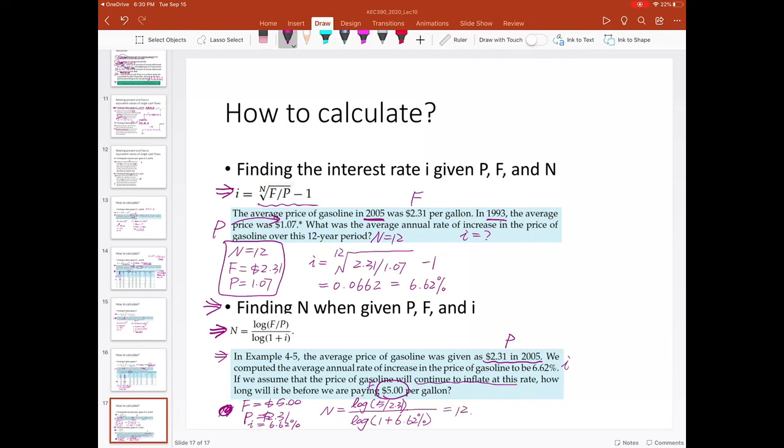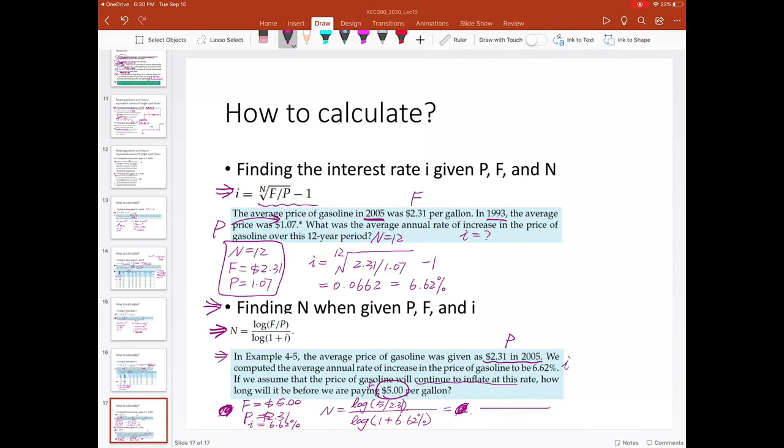So if you calculate this, that will give you 12. Okay, so after 12 years, the price could be 5. Wait a second. We need to calculate it.